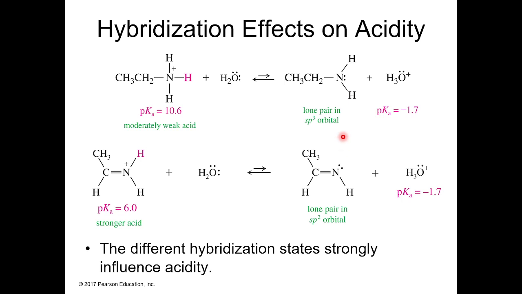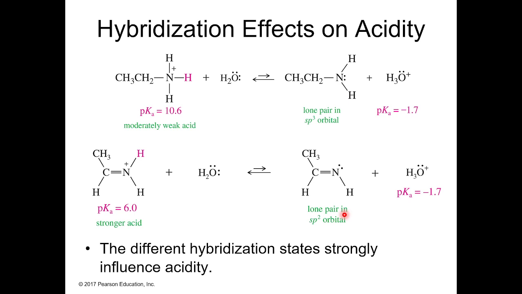So hybridization here. If we look at an sp3 orbital here, we can see that this right here instead is an sp2 orbital. And that's what hybridization is. It is hybrid orbitals.